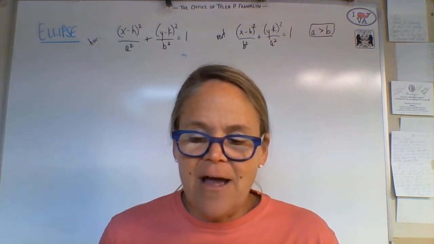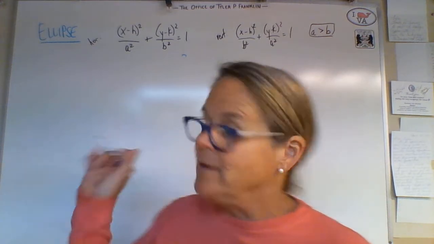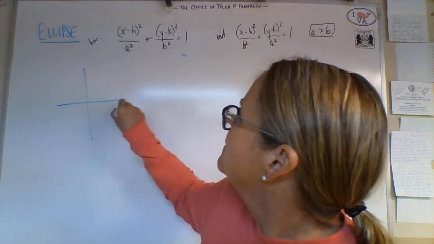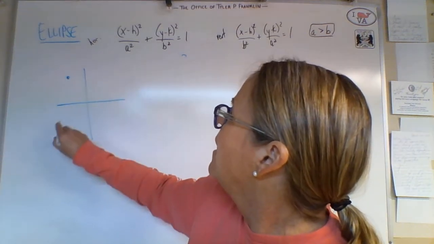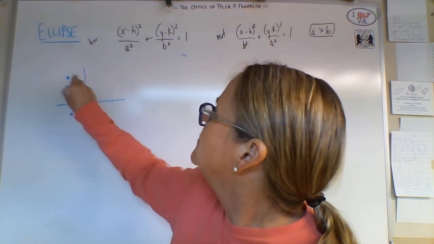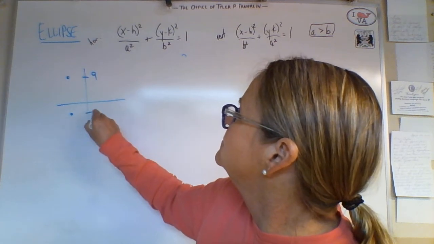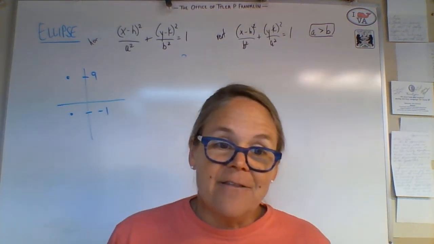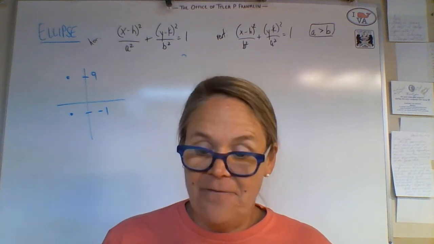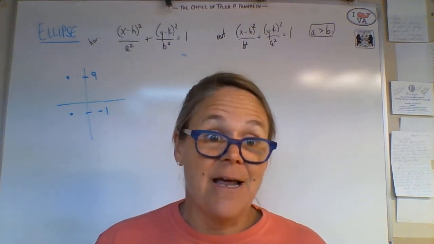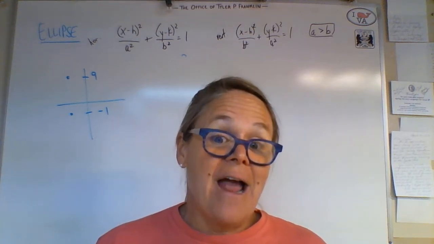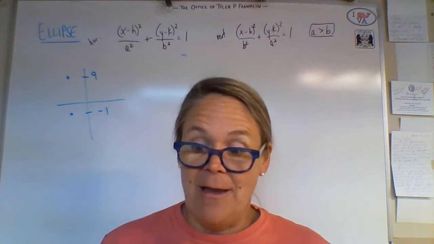vertices are negative 5, 9, negative 5, negative 1. I look at the fact that they're both at negative 5 means that that's not changing. So your center has to be negative 5 something.